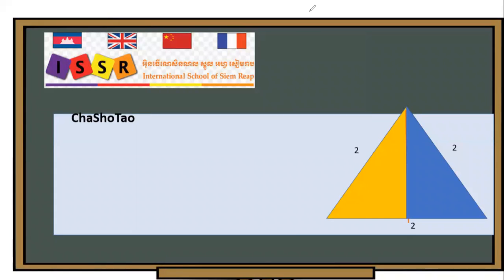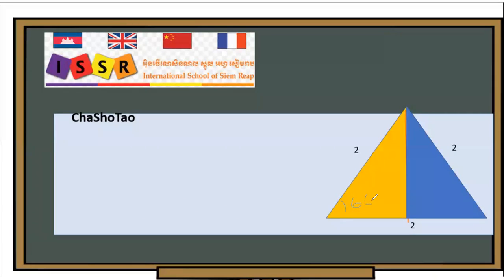What this means is that if this is 60 degrees, after dividing this triangle into 2, this angle, since the whole angle is 60 degrees, is going to be 30 degrees. And this is also going to be 30 degrees.